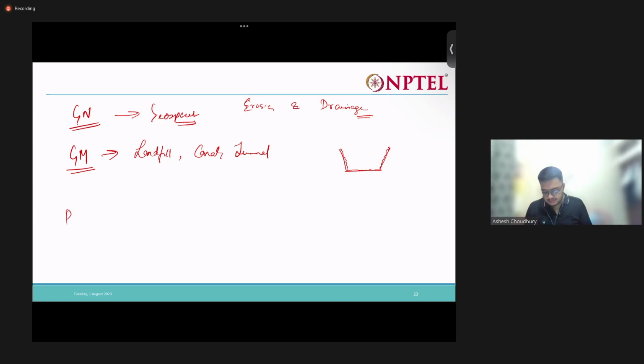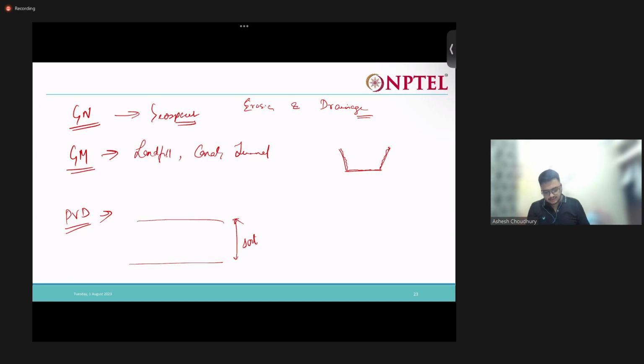Then comes PVDs, right? So as we discussed, PVDs are used to accelerate the consolidation process. So what is done is, say this is a soil layer. Generally, below this it can be one-way drainage, two-way, anything.